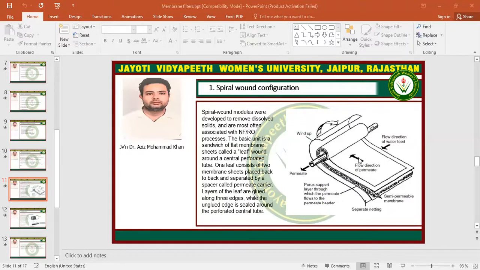One leaf consists of two membrane sheets which are placed back to back. This is one, and the second is behind this. And they are also separated by a spacer. Here there is a spacer, this is the separator netting.